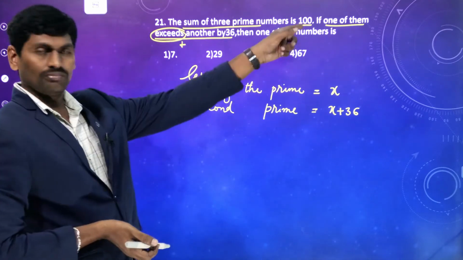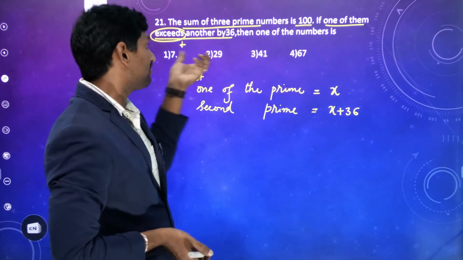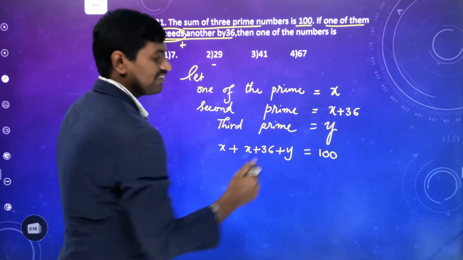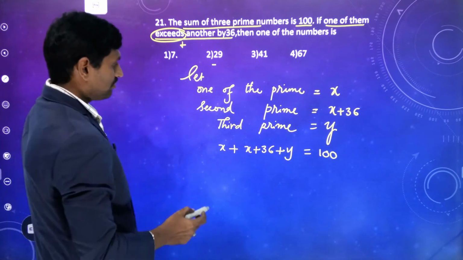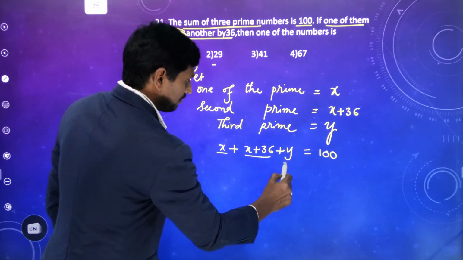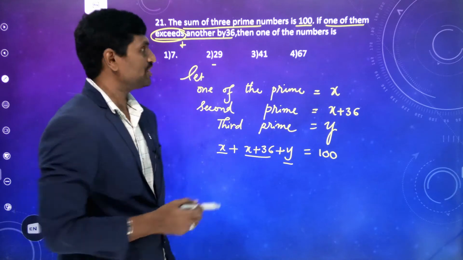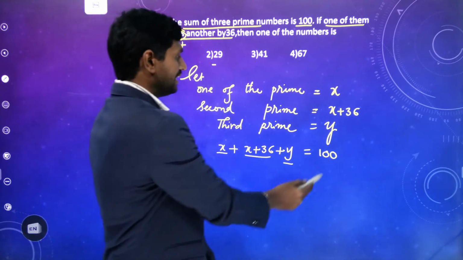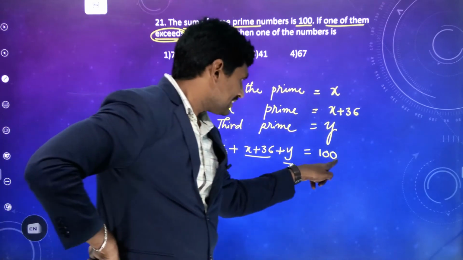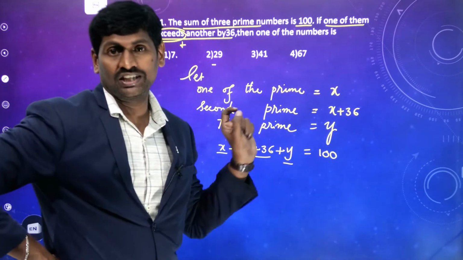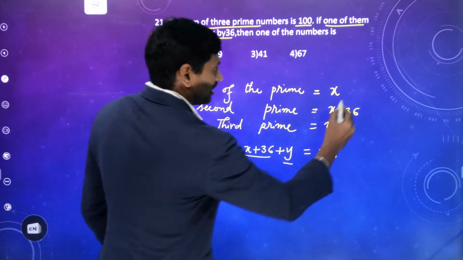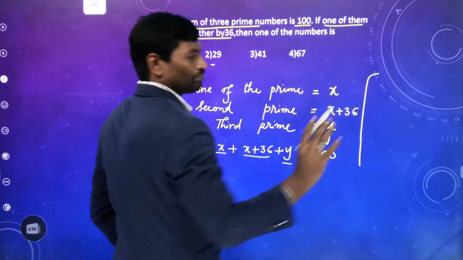We don't know the third prime, so call it y. According to the problem, when you add the first, second and third prime numbers, the answer comes as 100. That means the answer is an even number. You have to remember that. Now coming to the basic concept, basic level.